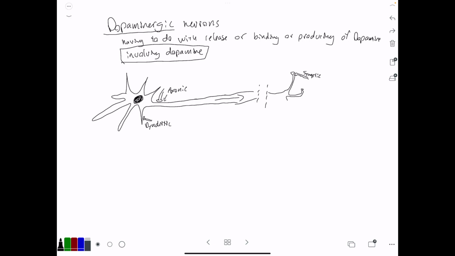Right, so three really big general ways. Oh, and we have a fourth one that we've discussed, and this is the axosomatic. So I'm skipping the first part. So we have axodendritic, axosomatic, axoaxonic, and axosynaptic. Some general ways for neurons to synapse onto another neuron.